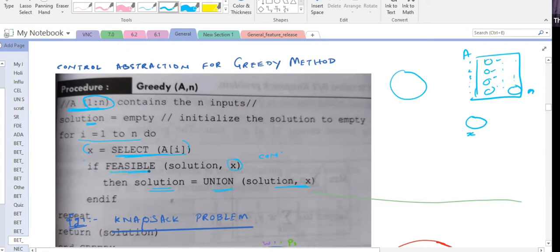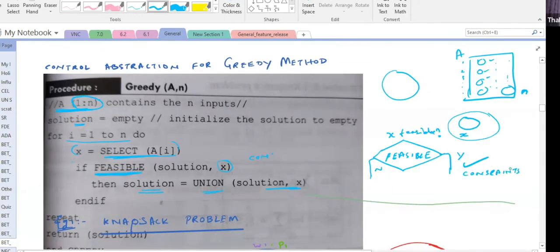Now, when I say feasible, you should recollect, when will this be true? When the constraint is satisfied, yes, it is a feasible solution. No means you drop that. You drop whatever you have chosen. If your constraint is satisfied, if it is a feasible solution, then what do you do? Whatever was there, union of solution.